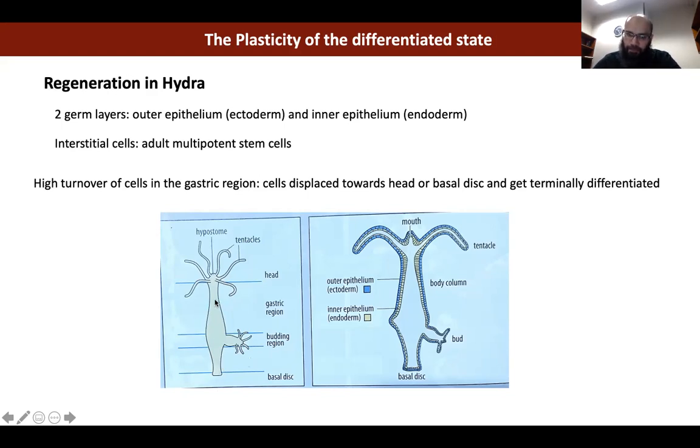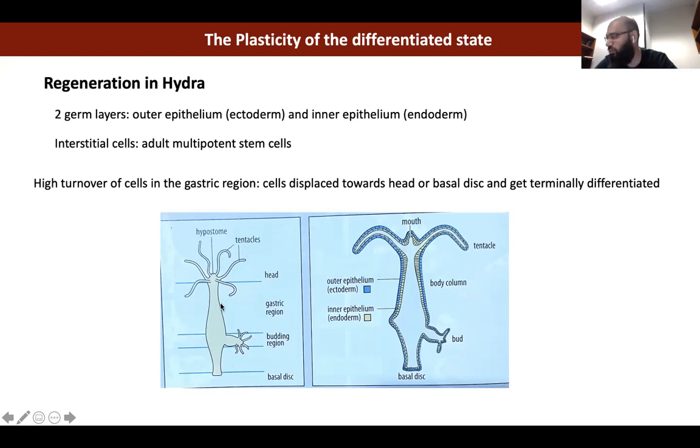Now, why is that? There must be some signals that determine that the hydra needs to regenerate a head if you make a head-facing cut, and there must be some signals that block head formation if you make a basal-facing cut.